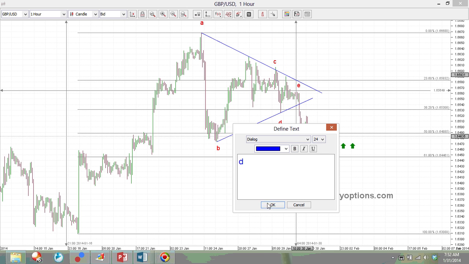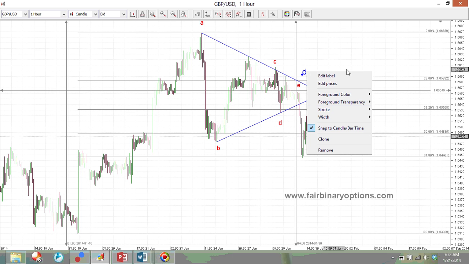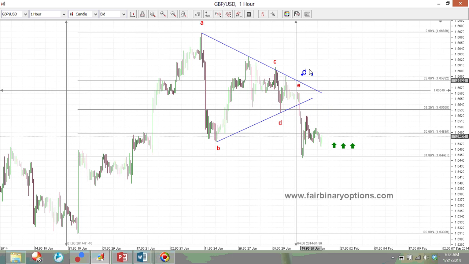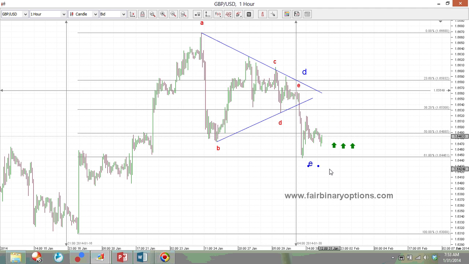Let's make it blue. And now we're looking for an E wave structure. Now the E wave structure needs to be something corrective. This one looks to be a zigzag. So in this case, definitely the E wave retraces into a 61.8.